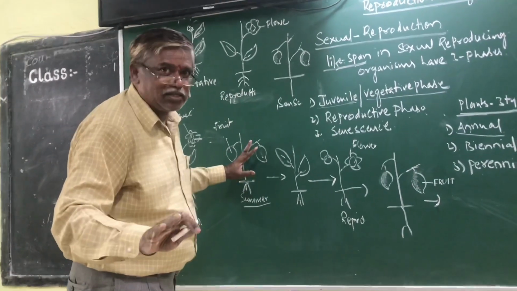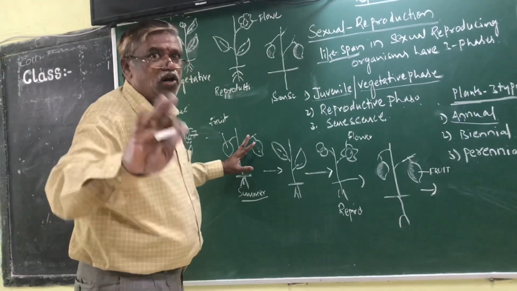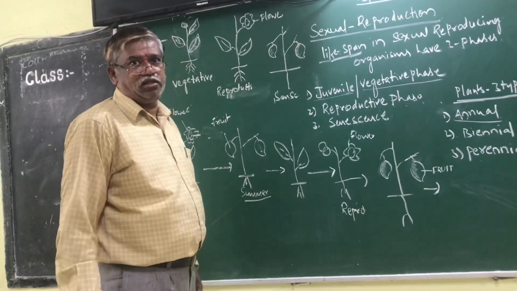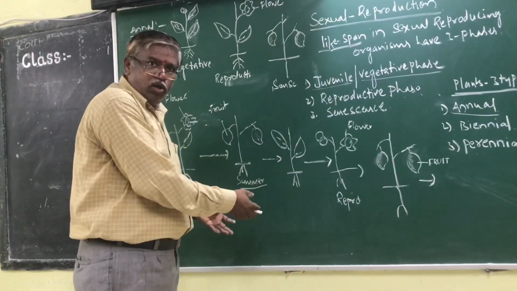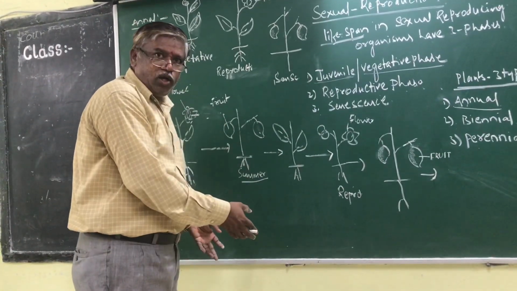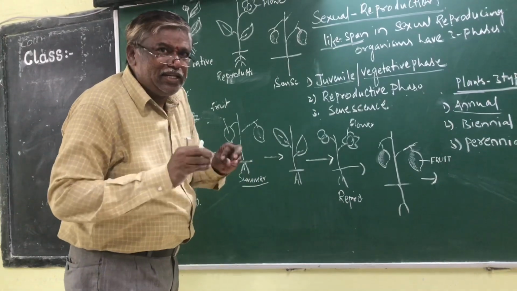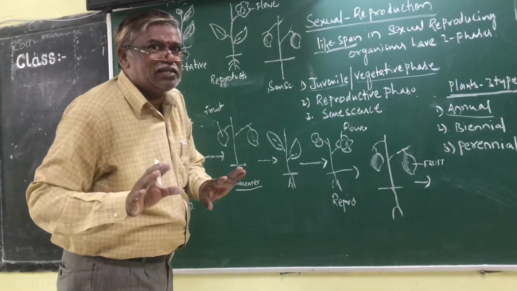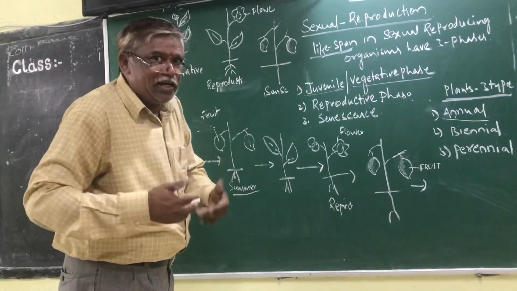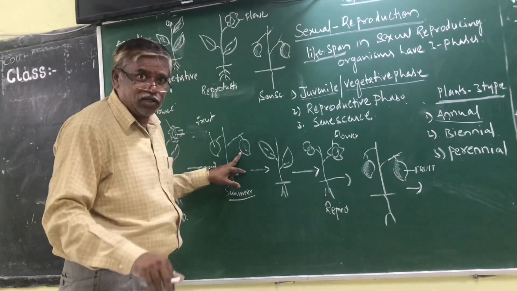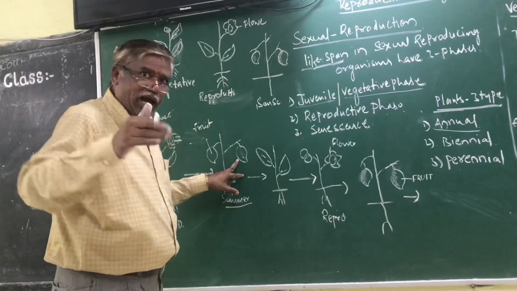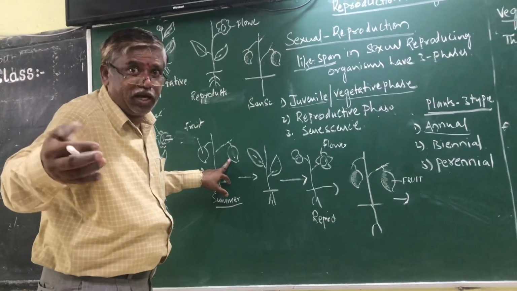Senescence may be there, but it does not enter into death. The leaves will fall down, the fruits will fall down, and it looks like senescence. We can be misled that it is senescence, but it is not, because again a new season will come.